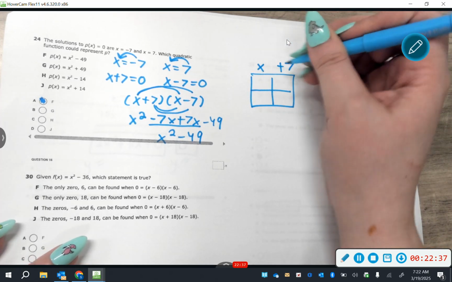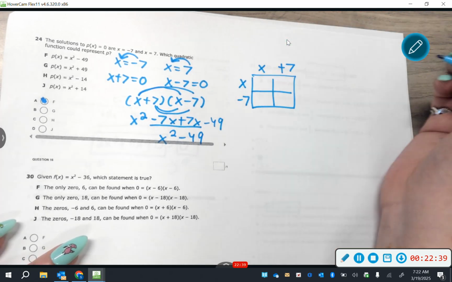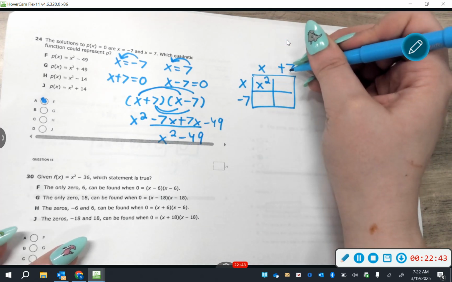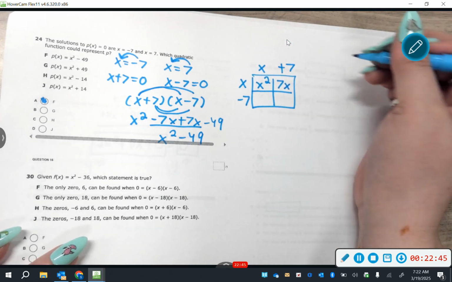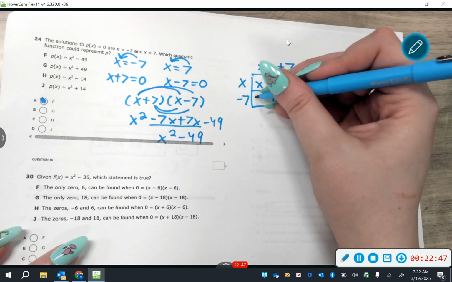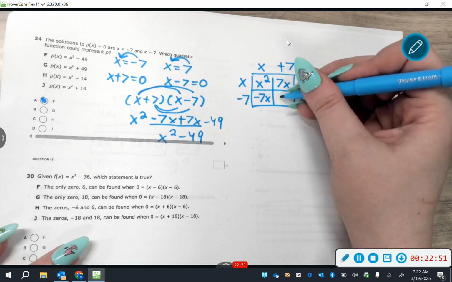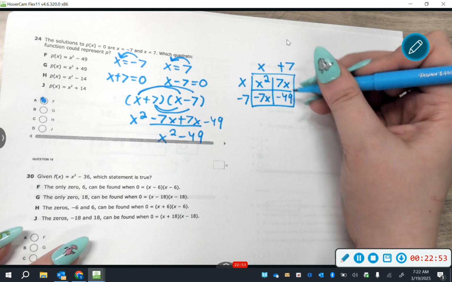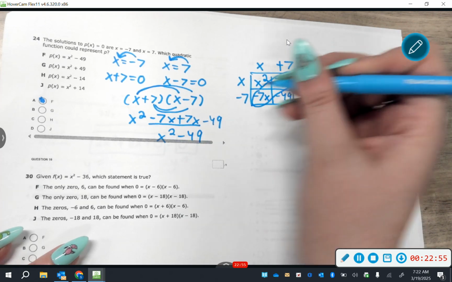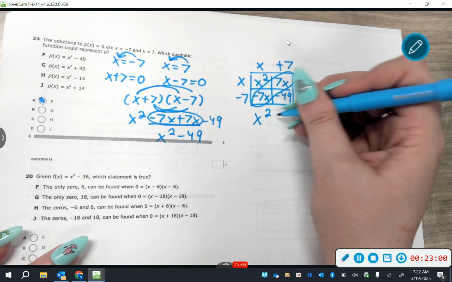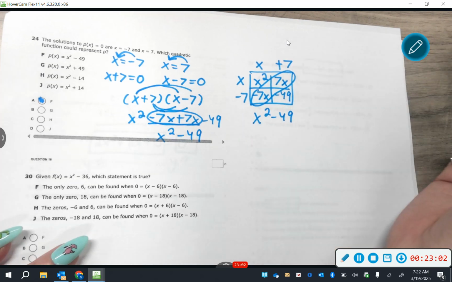X plus 7, x minus 7. X times x is x squared. X times 7 is 7x. X times -7 is -7x. -7 times positive 7 is -49. Combine our x's. So we still get x squared minus 49. Either way.